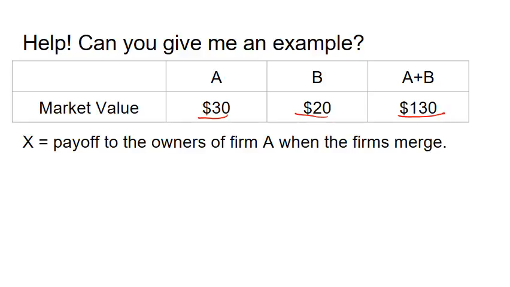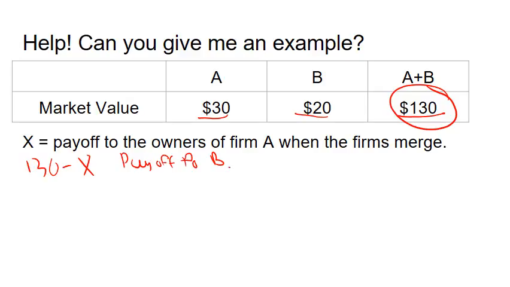So at the end, if they merge, they can share $130 somehow. Let's let X be the payoff to the owners of firm A when the firms merge. That means that 130 minus X has got to be the payoff to the B player.